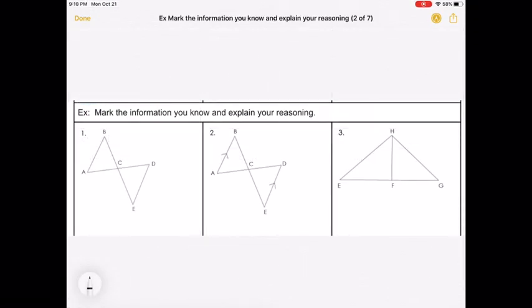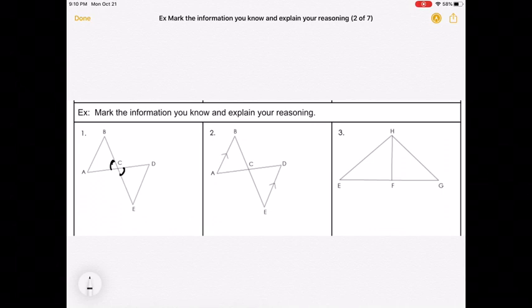Okay, so now we're going to look at pictures and mark them. So looking at number one, one thing that should hopefully jump out is the vertical angles. So those two are congruent because of being vertical, so they're across from each other.